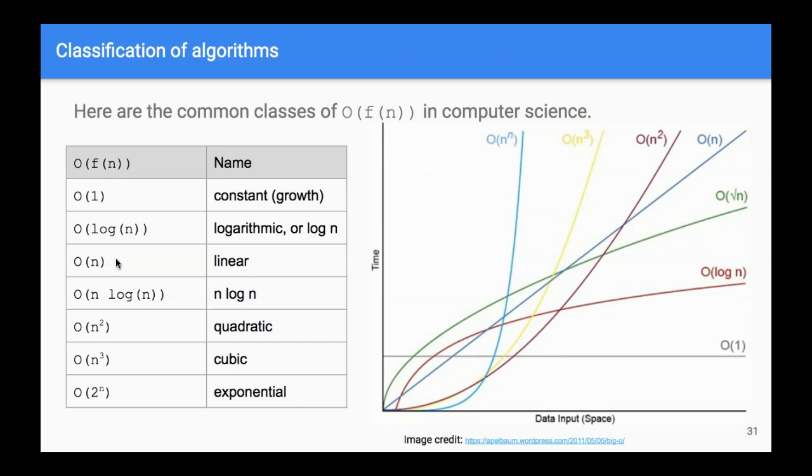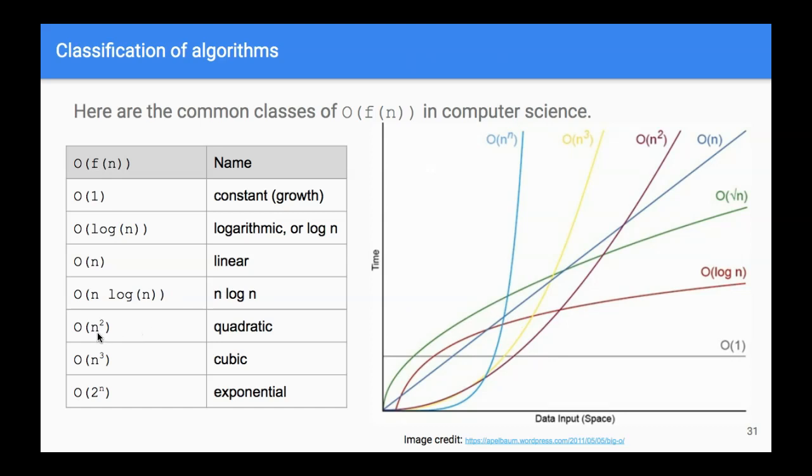The next one is n, and that's linear, and that is one that we already saw, in the largest function. That's basically a straight line. It's linear here, the blue line, right? And the next one is n log n. Well, it is not plotted out here. We're going to see this a lot when we get to sorting.